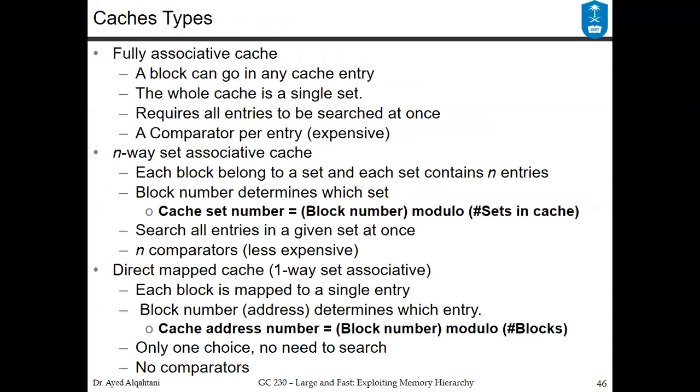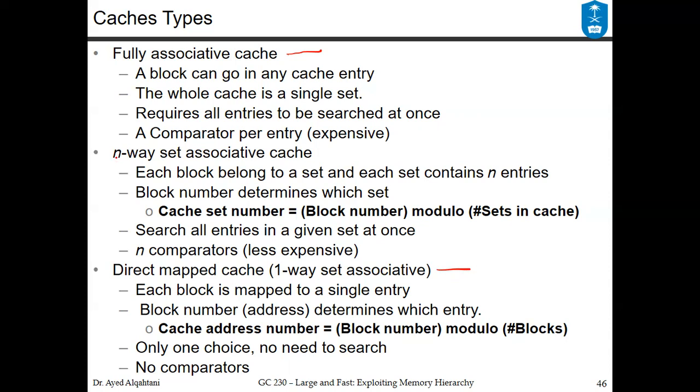So now we will see the different cache types. We have the fully associative cache. We have the n-way set associative cache, and we have the direct map cache that we've described before, which is also a one-way set associative cache. So actually, these two types are the extreme ends.